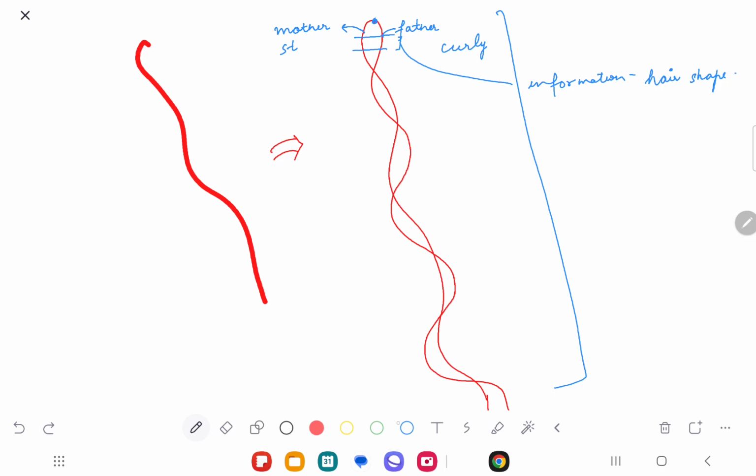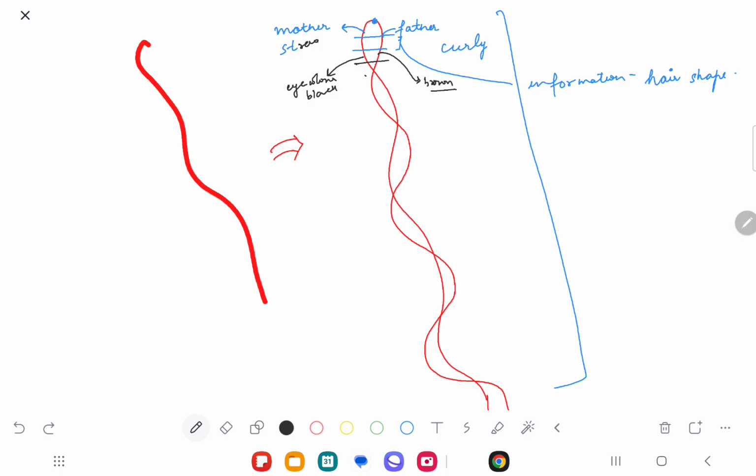Let's suppose this next portion stores information about eye color: your mother's eye color is black and your father's eye color is brown.